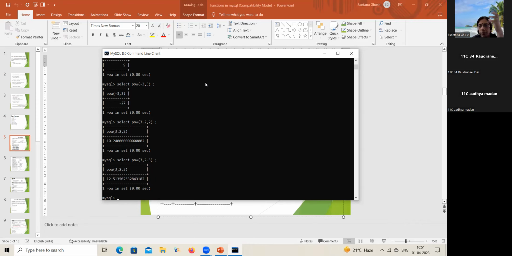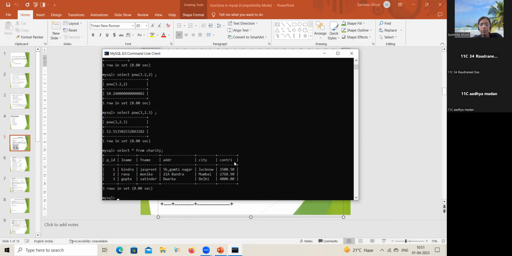Of course, when you apply it to your field, like here I'm talking about a table which is my charity table. So I'm saying, let me see all the fields first. We had one number field, huh? On that I can apply it. This country.